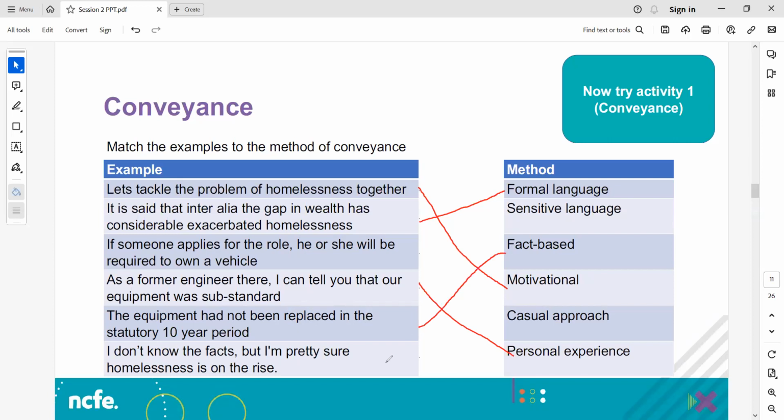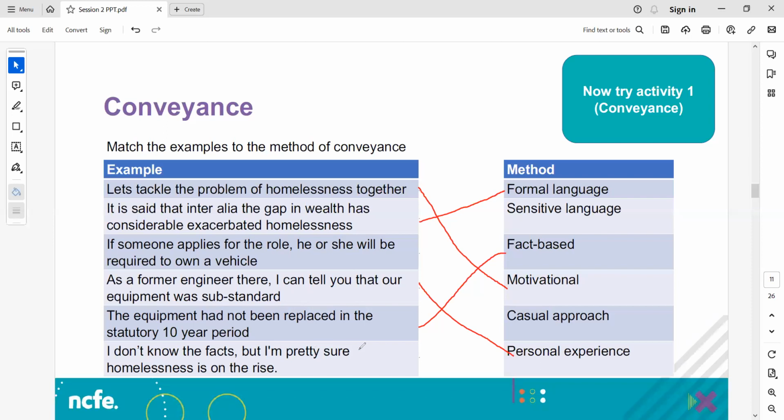I don't know the facts, but I'm pretty sure homelessness is on the rise. Personal. So we've got a couple of contractions in there. Don't.